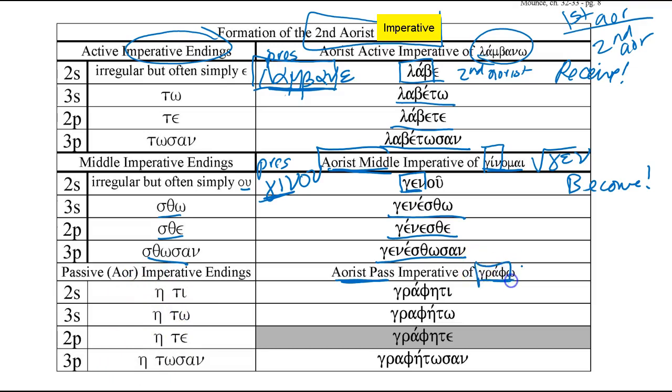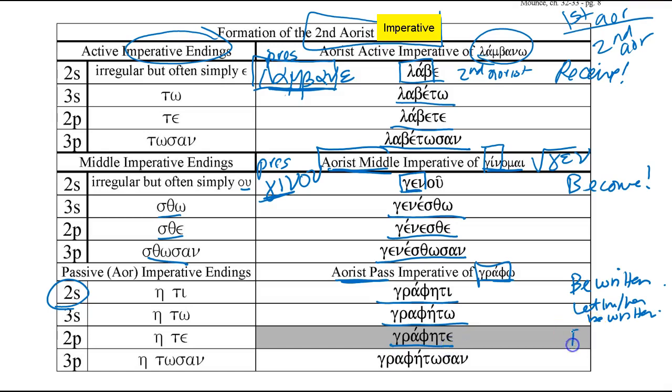So for grapho, so if I want to say be written, or let him or her be written in the book of life, let him, her be written. To say be written in the second person singular is graphete, so the theta has been dropped. Let him or her be written, grapheto, the theta has been dropped.